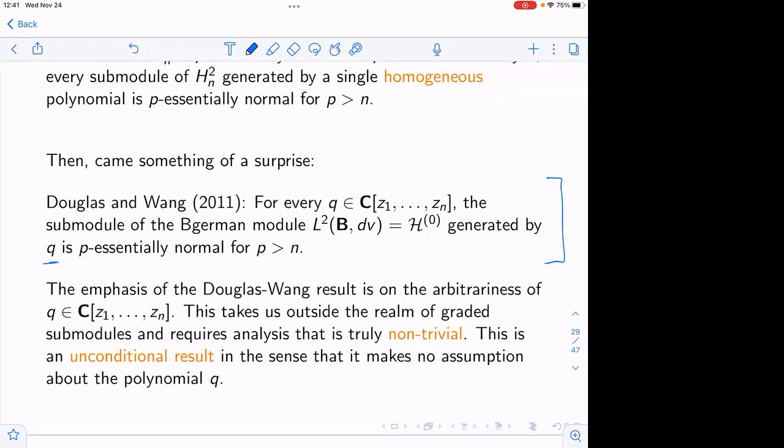This actually kind of changed the game, because once you start dealing with arbitrary polynomials, the method for proving essential normality turns into something completely different. It's nice that it's an unconditional result, in that it makes no assumption about the polynomial Q.